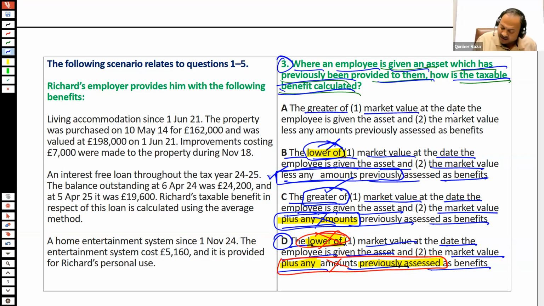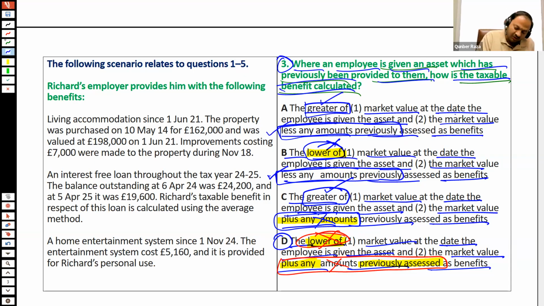A. The greater of market value at the date the employee is given the asset and the market value less any amounts previously assessed as benefit. So the greater of is correct. This is correct. So in essence, to conclude, which option is correct? Option A is correct. Okay.